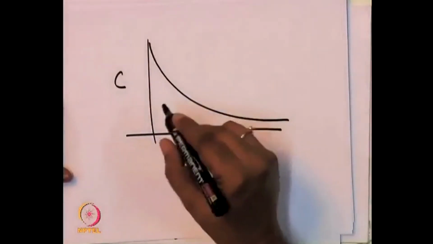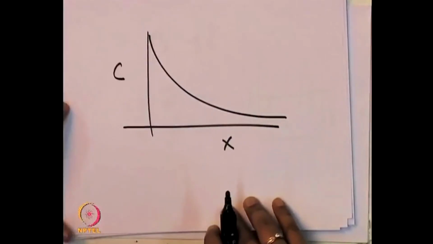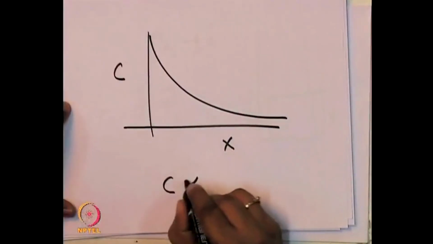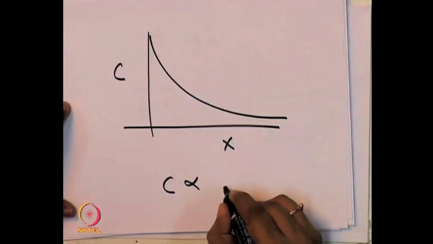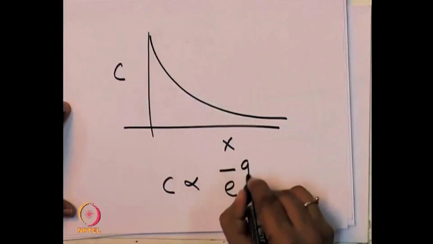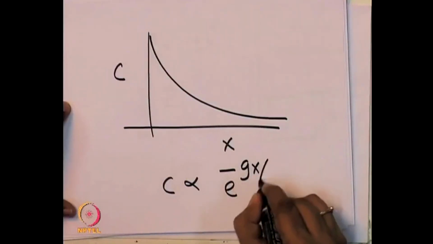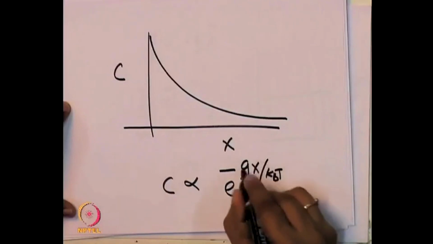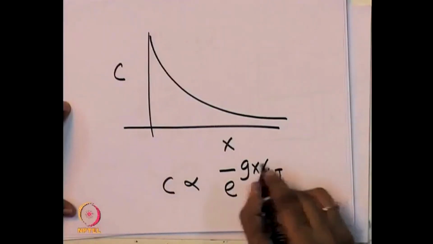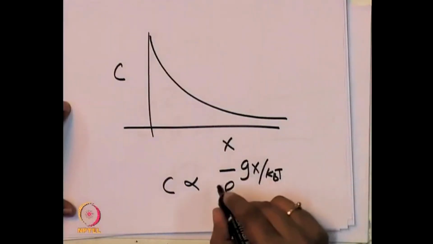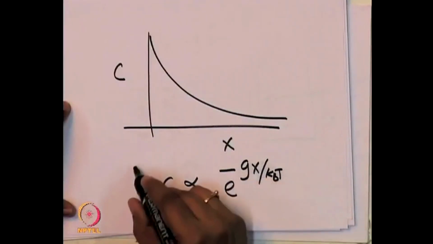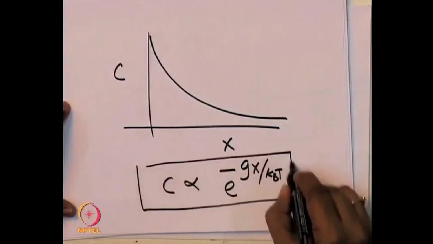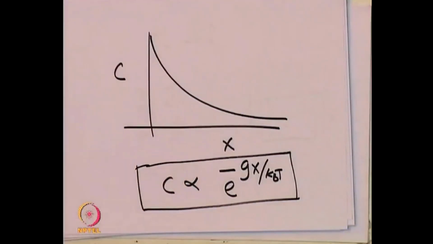There is some reason why it is exponential, but let us intuitively assume that C is proportional to e power minus Gx by kBT. So Gx is the energy and it has to be divided by another energy, kBT, to make it dimensionless. So the concentration decreases as you go along x, this is what it means. If you know this relation, we can derive Einstein's relation.